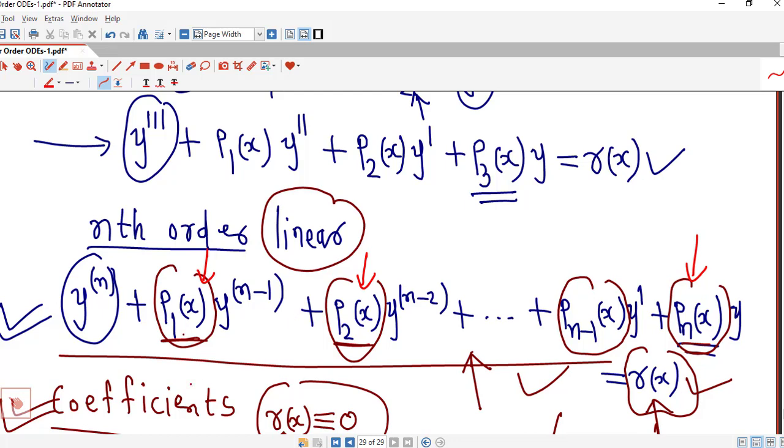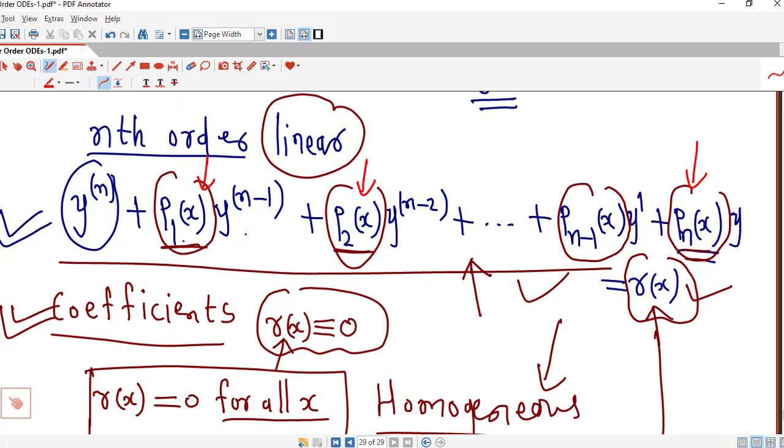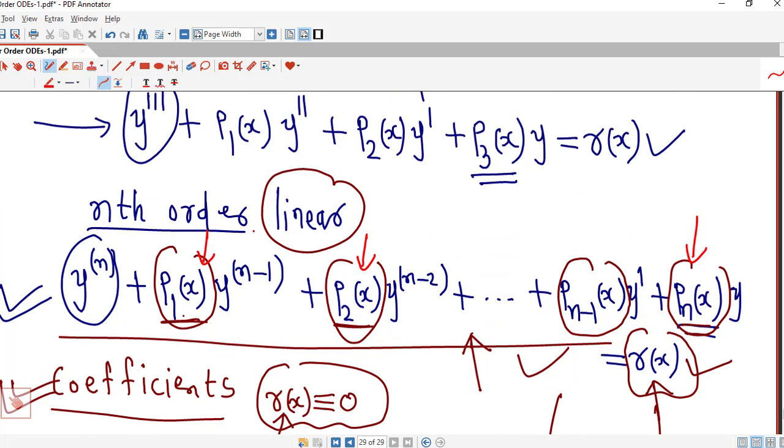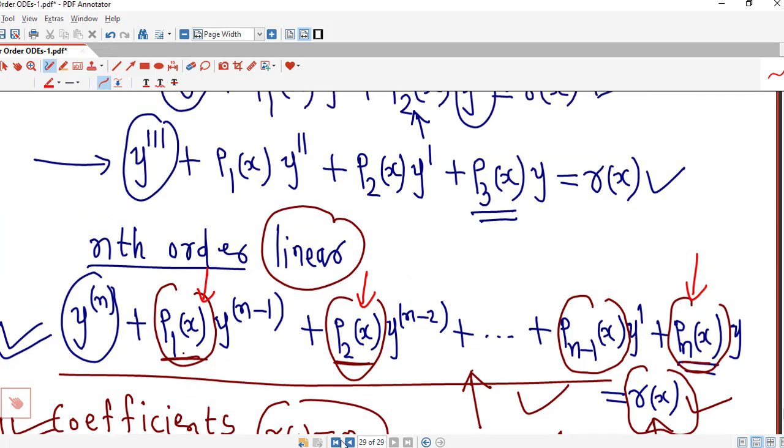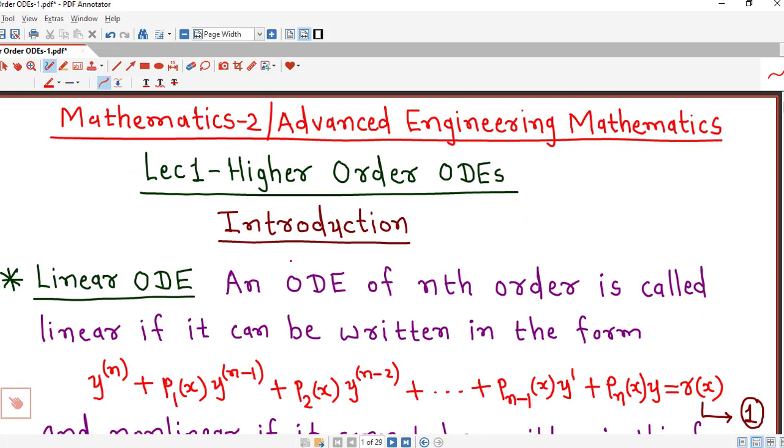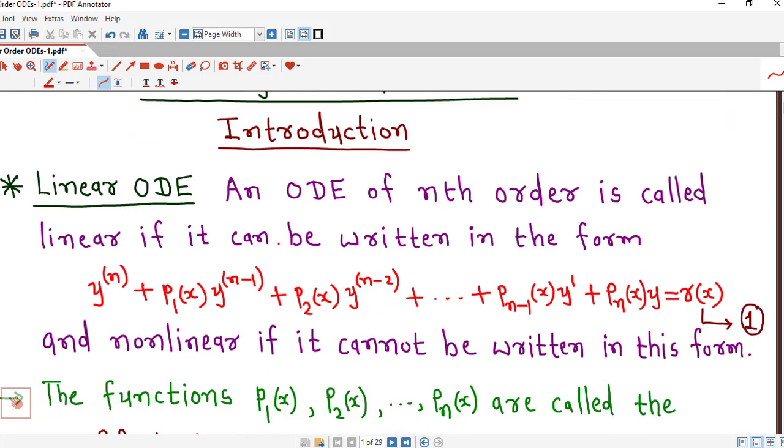If all the coefficients are constants, then this equation is known as a linear differential equation with constant coefficients, and if at least one coefficient is a non-constant function of x, then this equation is known as a linear differential equation with variable coefficients.